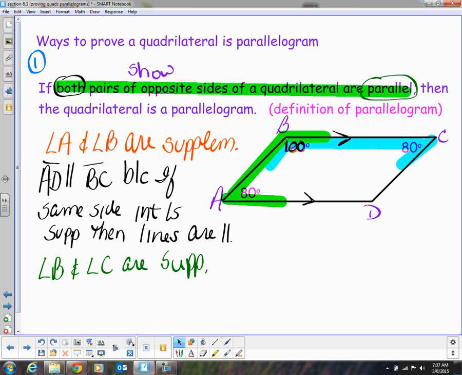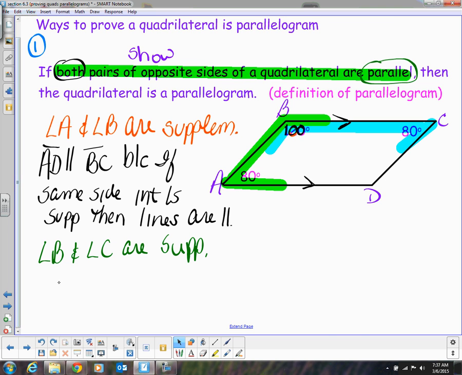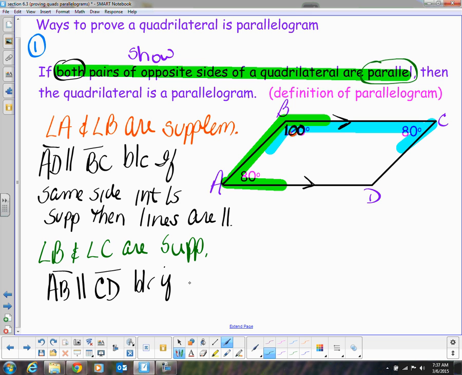All right, so if B and C are supplementary, what does that tell us? That tells us that, look, what sides are parallel? AB is parallel to CD. And again, that blue highlighter shows the parallel sides. Why? Because if same side interior angles supplementary, then lines parallel.